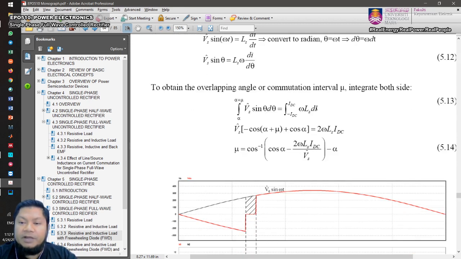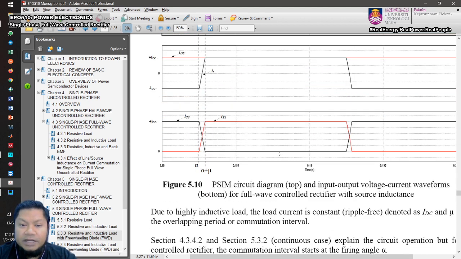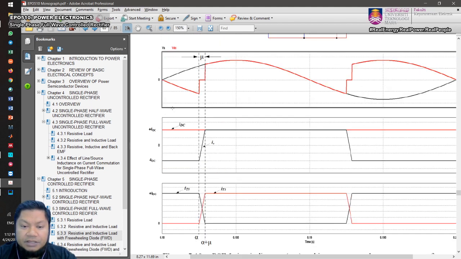And to obtain the overlapping angle interval, you integrate both sides, right? And the integral limit will be alpha to alpha plus u. And for the input current, look at the input current. So this is your input current.